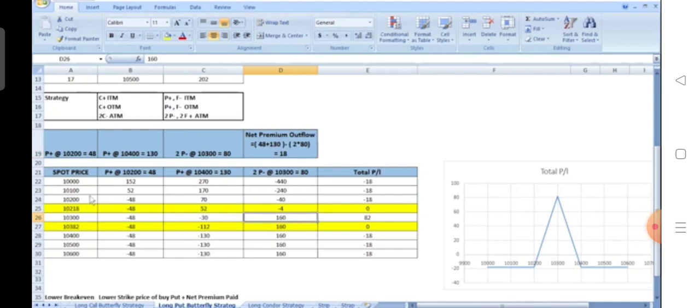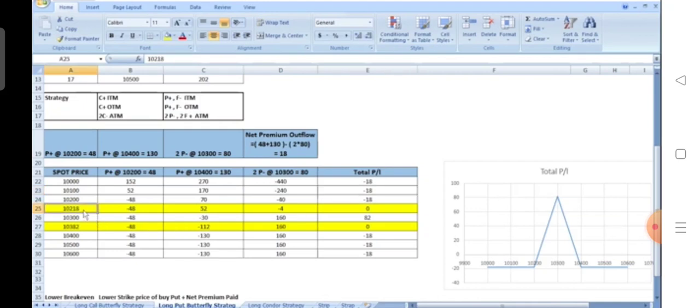Now what we could see is that below 10,200, if the spot price is there on expiry, all the put options get exercised and become in the money, as we can see different payoffs over here. So the total P&L from this strategy would be the net premium outflow, which is minus 18.